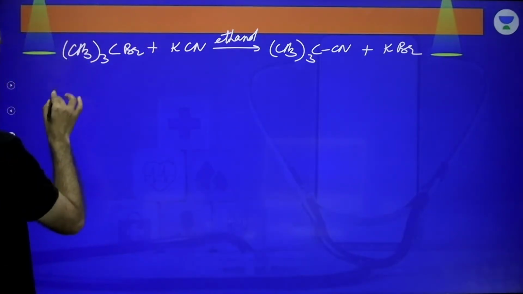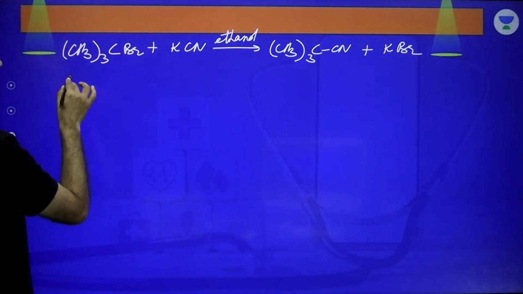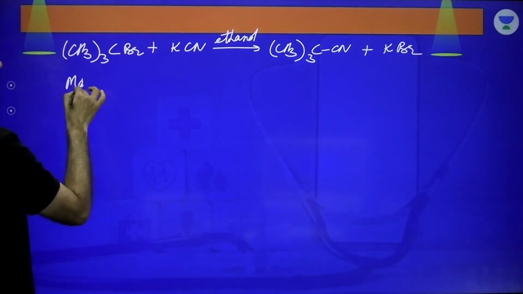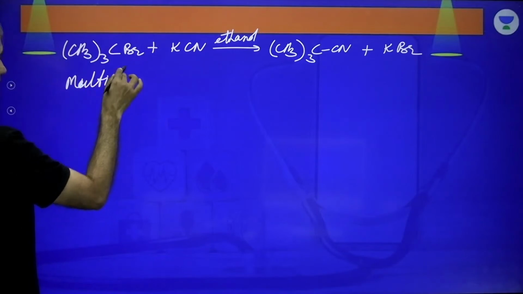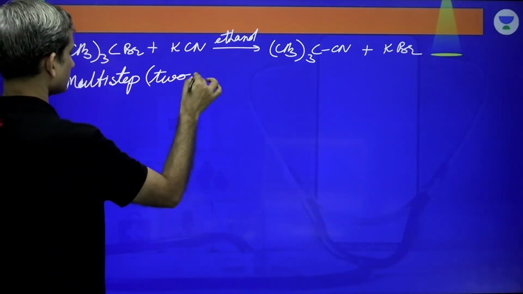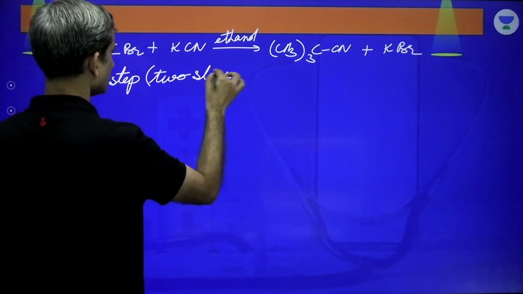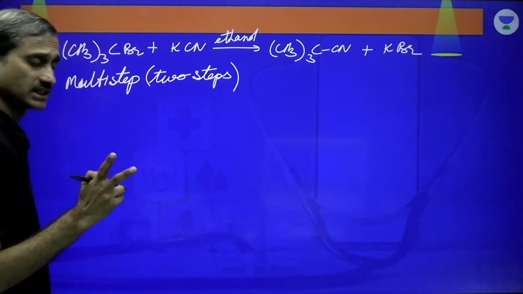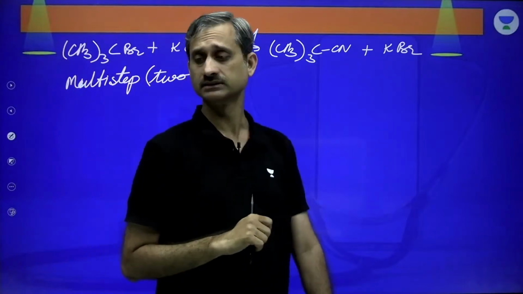This is a multi-step, in fact 2 steps. This reaction has 2 transition states and it has 1 intermediate.